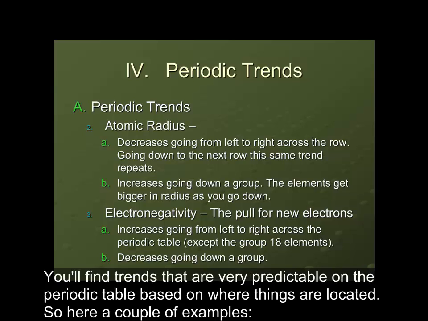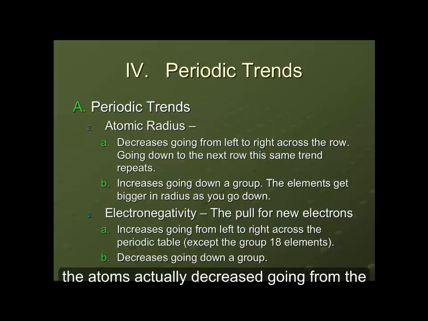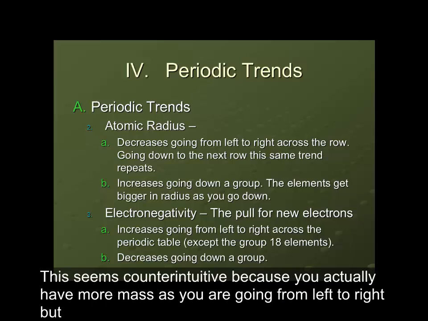You'll find trends that are very predictable in the periodic table based on where things are located. So here are a couple of examples. The atomic radius. So you have an atom, it's roughly a sphere in shape. If you were to look at the size of the sphere, the atoms actually decrease going from the left side of the periodic table to the right side of the periodic table, which kind of seems counterintuitive because you actually have more mass as you're going from left to right.